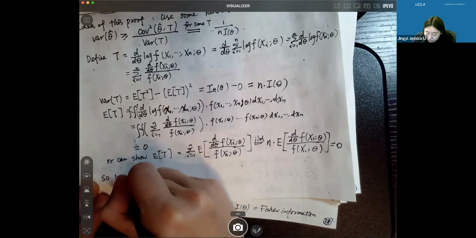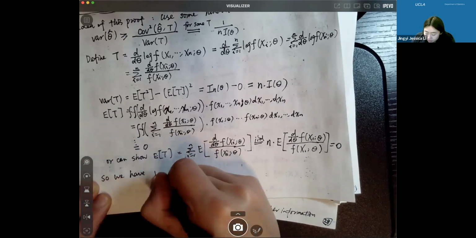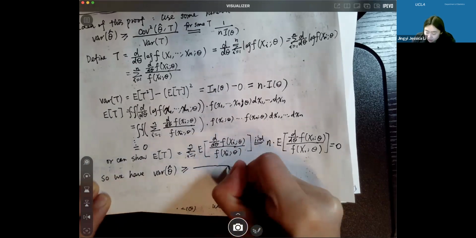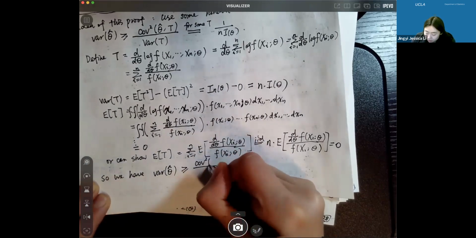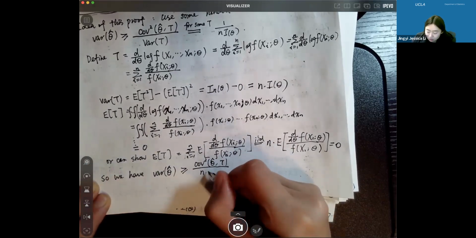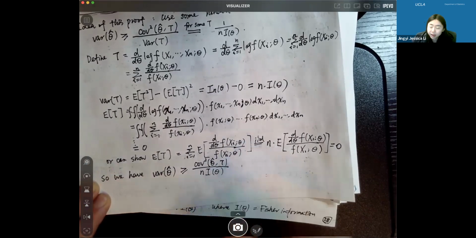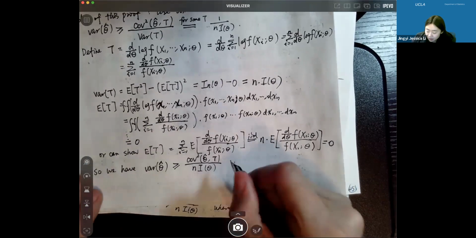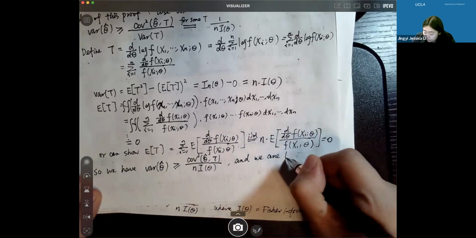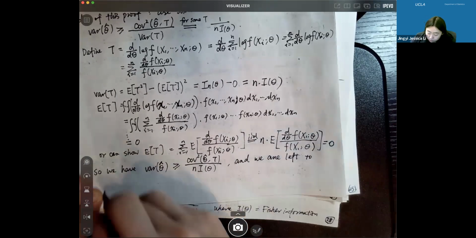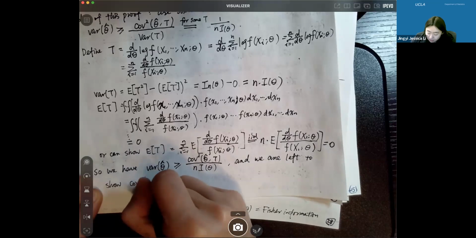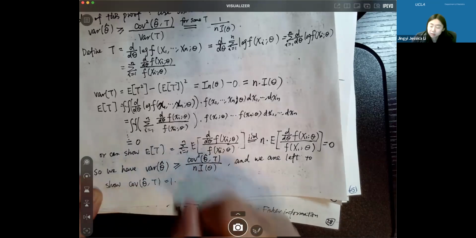We have the variance of theta hat greater than or equal to the covariance squared of theta hat and T divided by the variance of T, which is n times I(theta). We have this already, and we are left to show the covariance of theta hat and T equals 1. That's the last step.